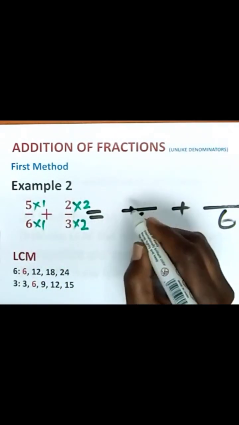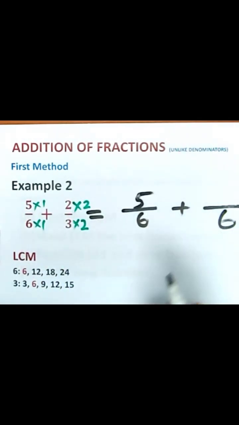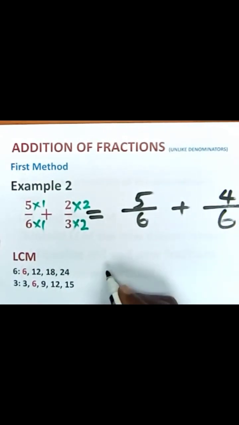5 times 1 remains 5. 2 times 2 is 4. So these are the new fractions. And since the new fractions have the same denominator, we go ahead and add. And I'm sure you still remember that. It's very easy.